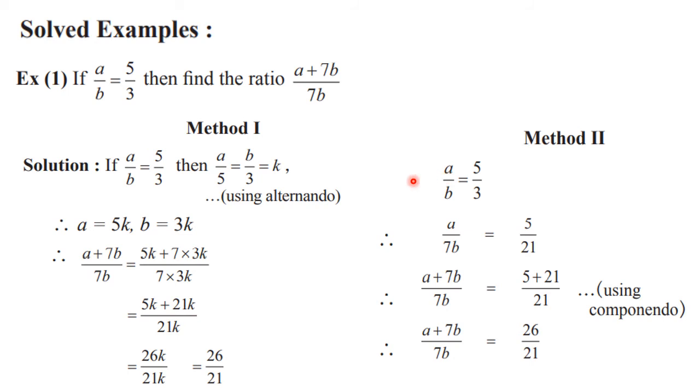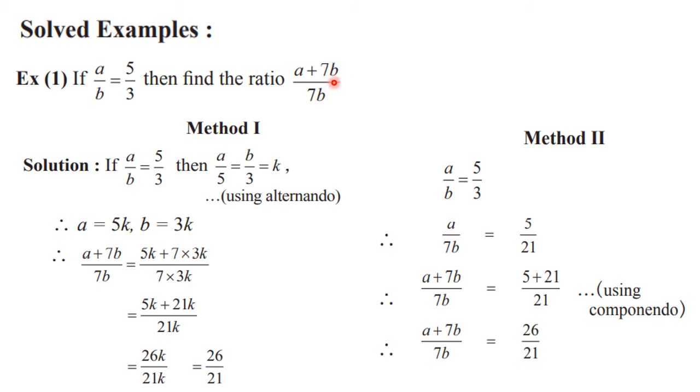In method 2, you have to write down what is given to you. So you are provided with A upon B is equal to 5 upon 3. Afterwards, the next important thing is you observe the question and decide what is the numerator and what is the denominator.